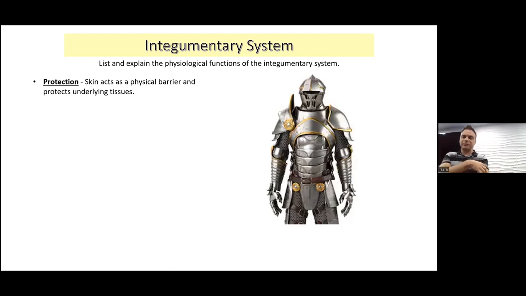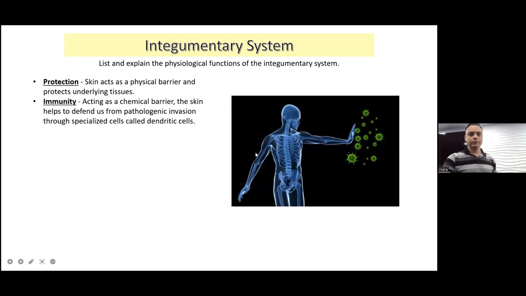And you even have specialized cells on the skin that invoke protection and immune response, which I think is probably another listed benefit of the integumentary system. And then, yeah, right there, immunity. So not only is it a barrier protecting us from physical objects, but it also is protecting us from microorganisms that would cause infection.